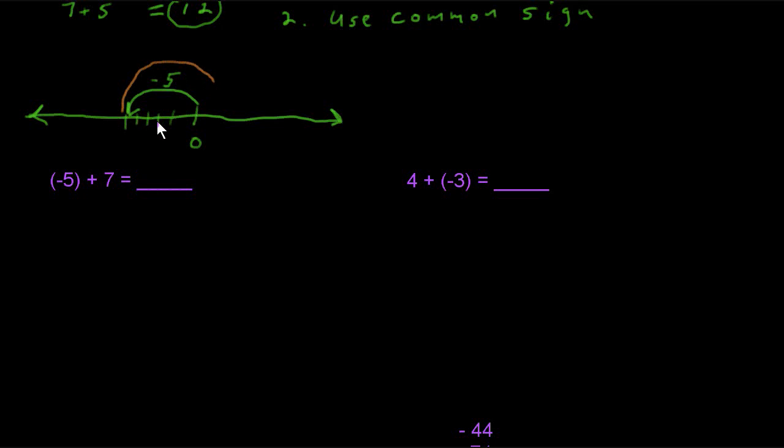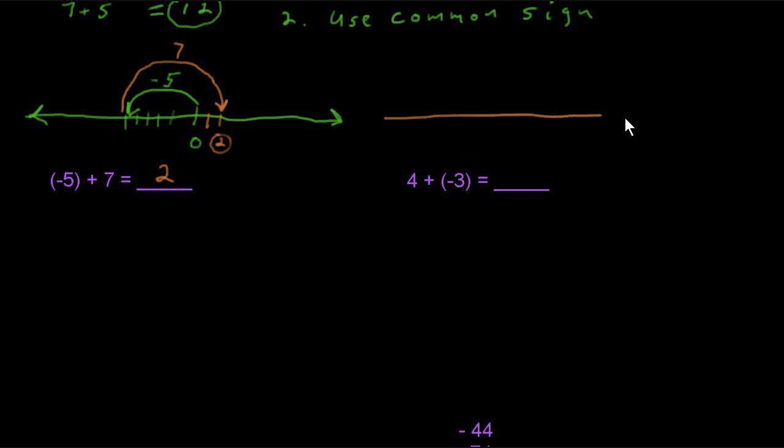From where we left off at negative 5, we're going to move 7 units to the right, and where do we end up? We end up at positive 2. So negative 5 plus 7 is positive 2.